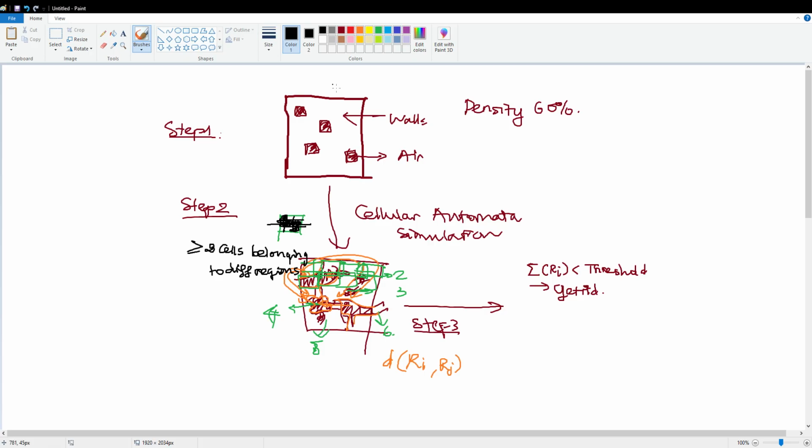After that, this is where I think I'm the most fond of this algorithm. What I'm going to do, now we have a result of a cave system that somewhat resembles this, right? And what I'm going to do is that I'm going to mark all of these cells here.